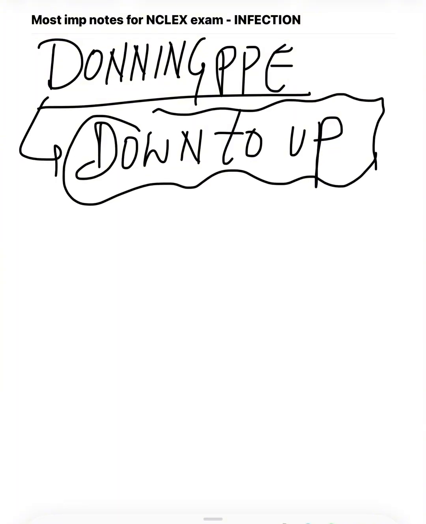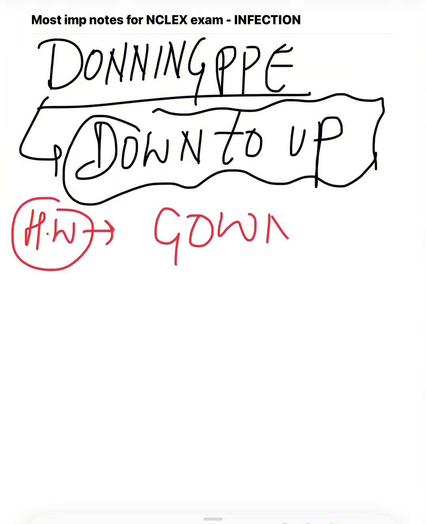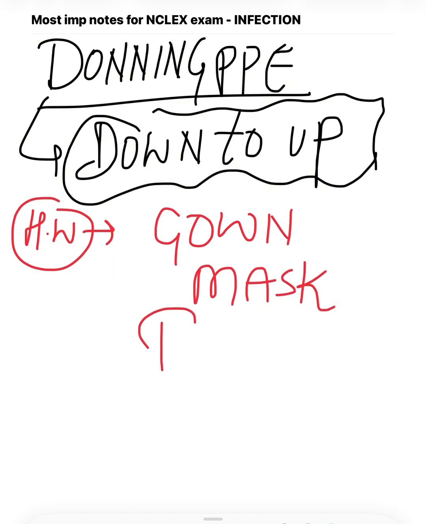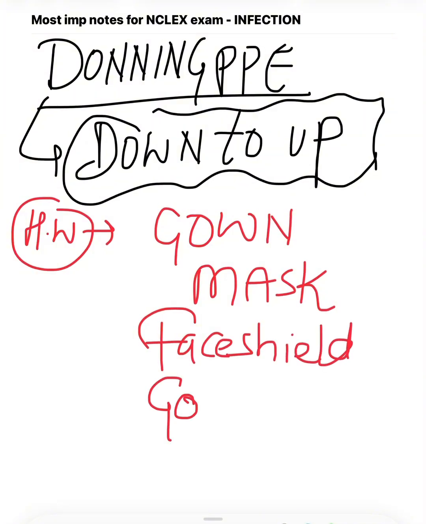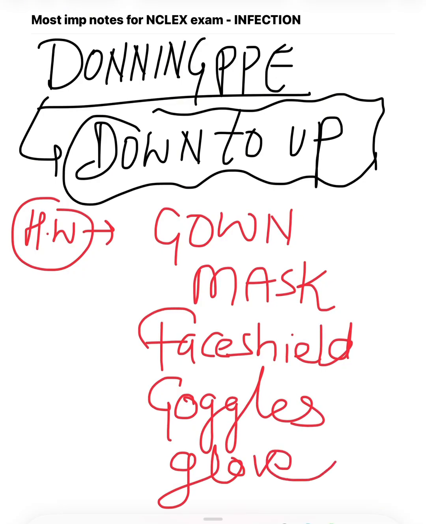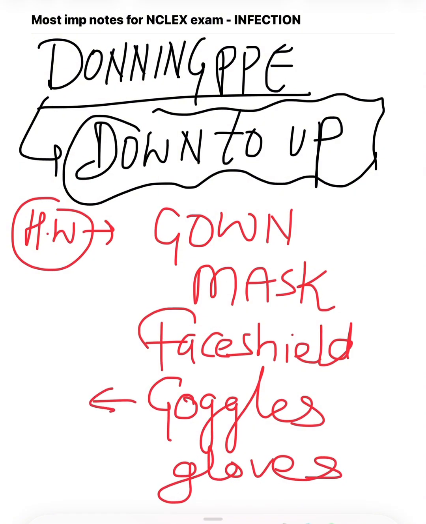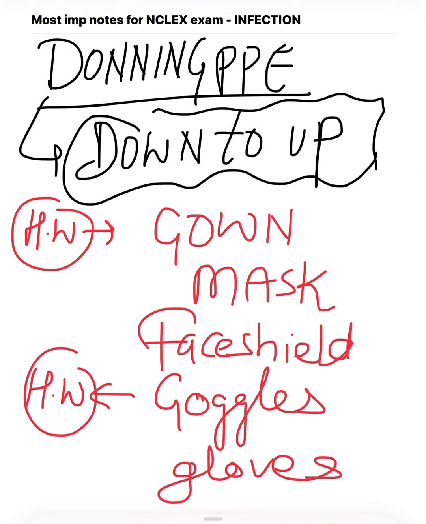How do we remember? Down to up. First you do hand washing, then wear the gown, then mask, then face shield, then goggles, then gloves. When you wear goggles, you do hand washing.